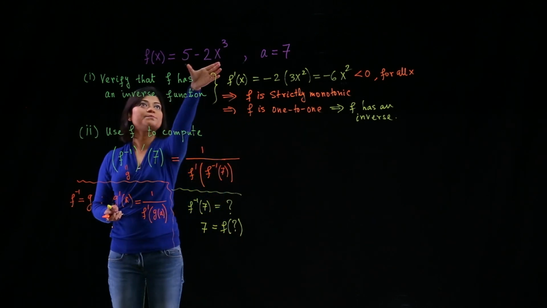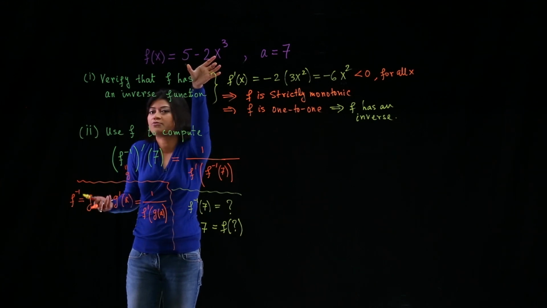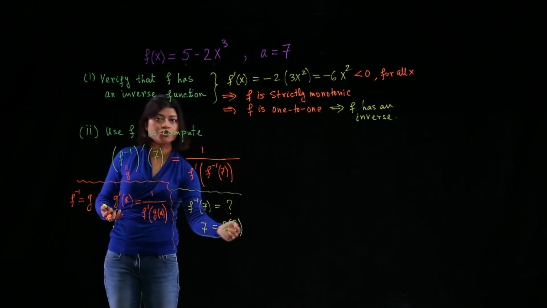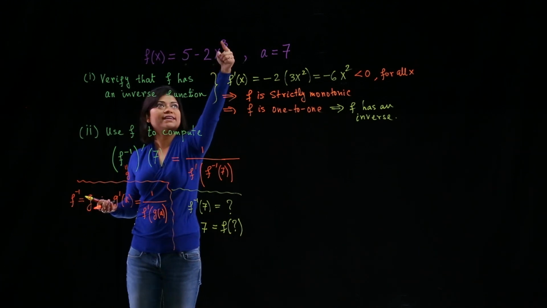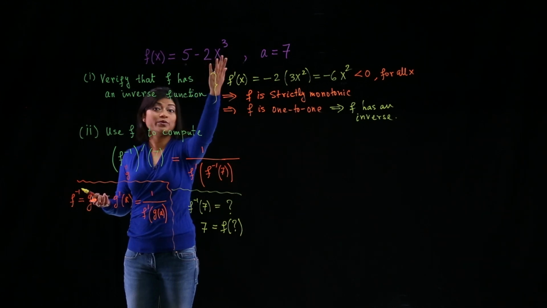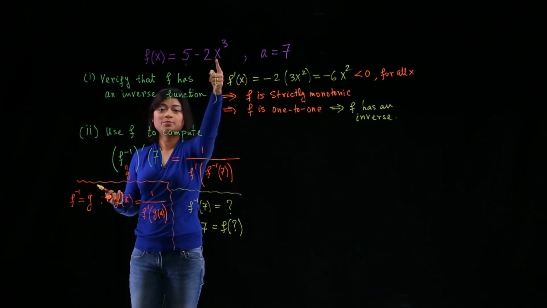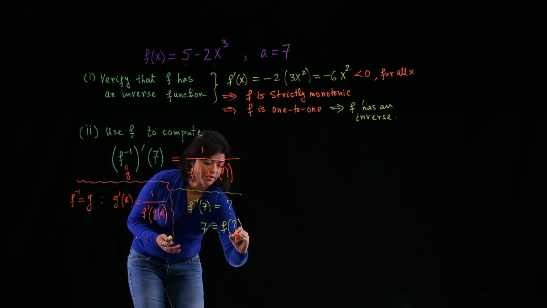So look at the expression 5 minus 2x cubed. This is where you have to do a little bit of trial and error, right? What should you plug in to get 7 as your output? Well, this is x cubed. If you plug in a negative value, with a negative you get a positive value. So notice if you plug in x equals negative 1, what happens?